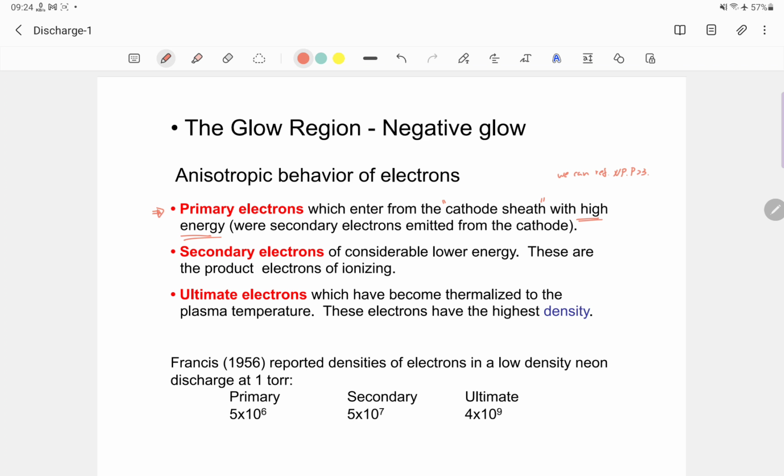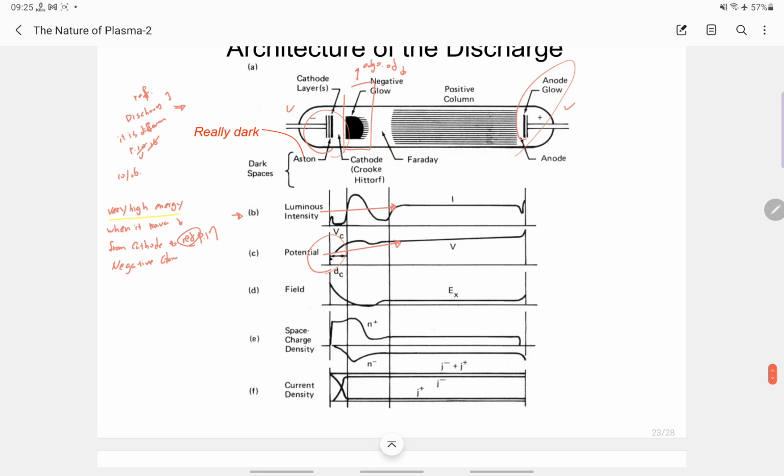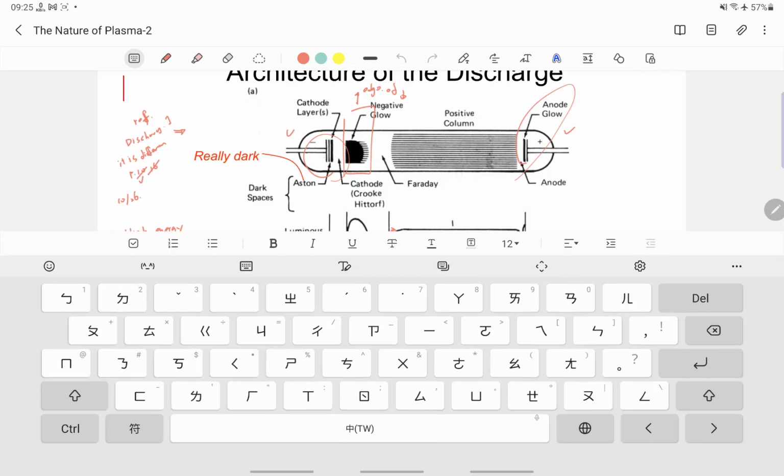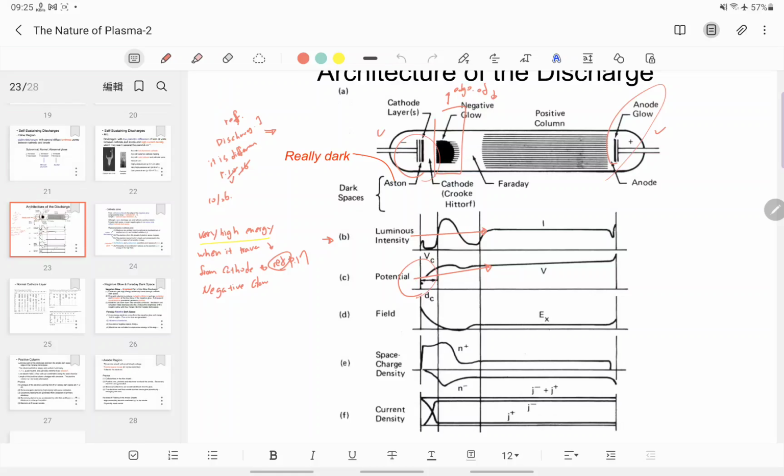Okay. And since there is a distance, or a length of the negative glow, it depends on the pressure you use. Okay.